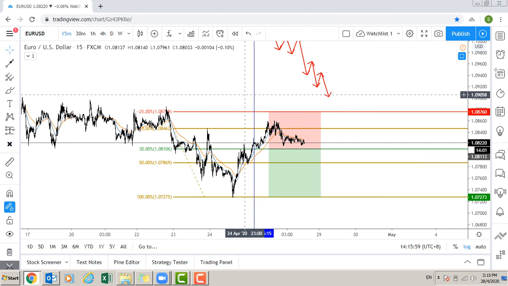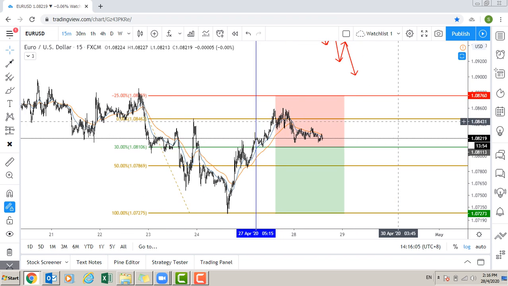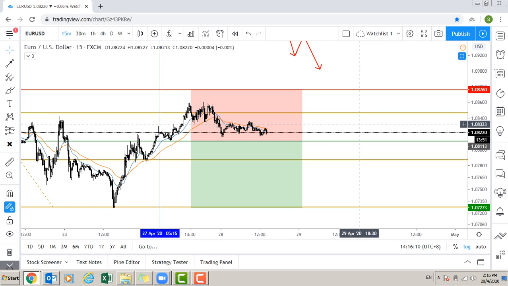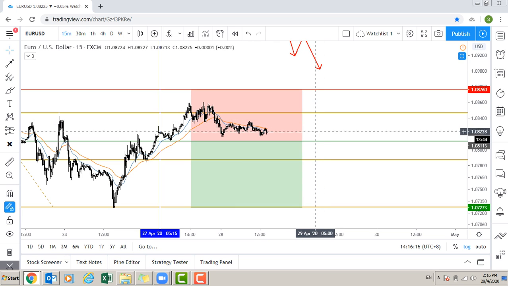So in this case, we can see the price after hitting this point started to move down, and basically the price action is quite favorable to the downside now, because we can see the previous low has already been broken out. The price is now one level down.